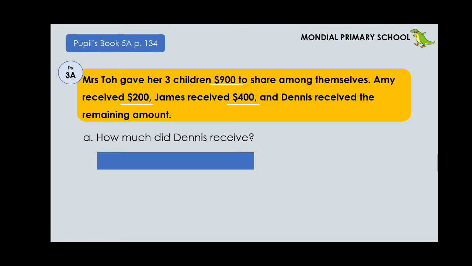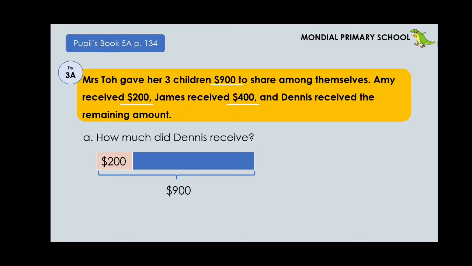Draw a long bar to represent the total amount of money Mrs. Toh gave and write $900 over here. Then, draw a line here. This one is for Amy, that is $200.